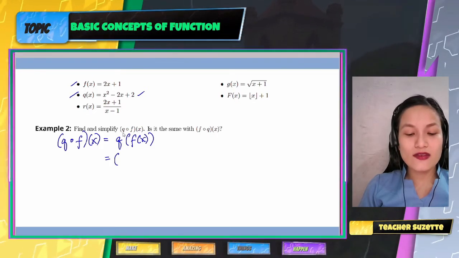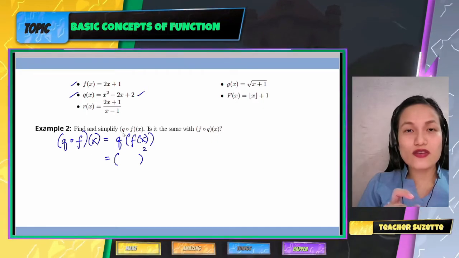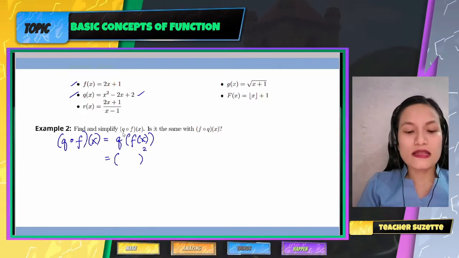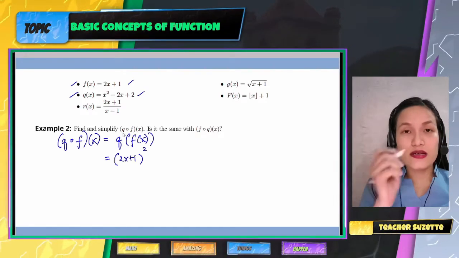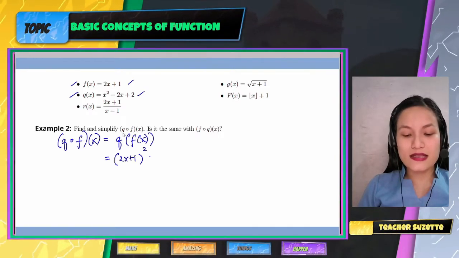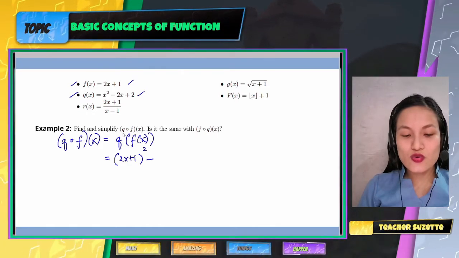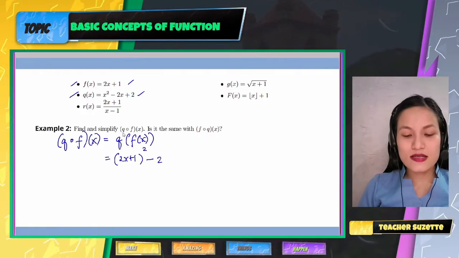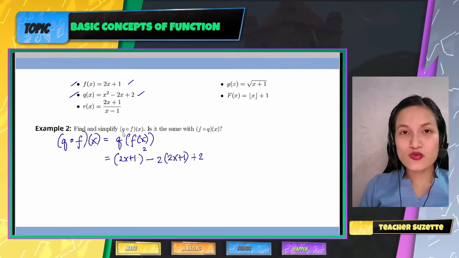So we will have squared, and we immediately substitute the inner function, which is f of x, equivalent to 2x plus 1. That is what we replace for our x. Next, minus 2x, again that is 2x plus 1. Then we just copy the 2.